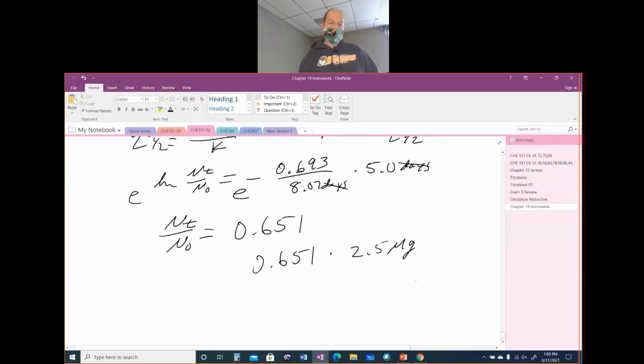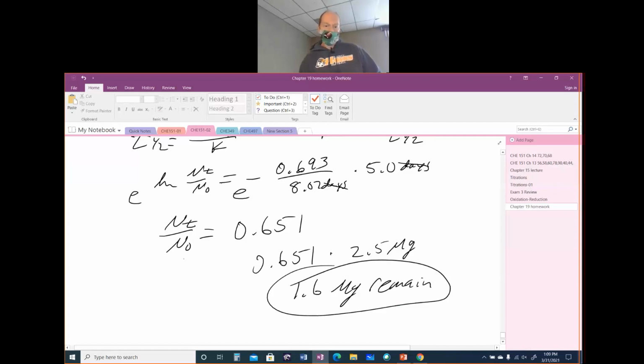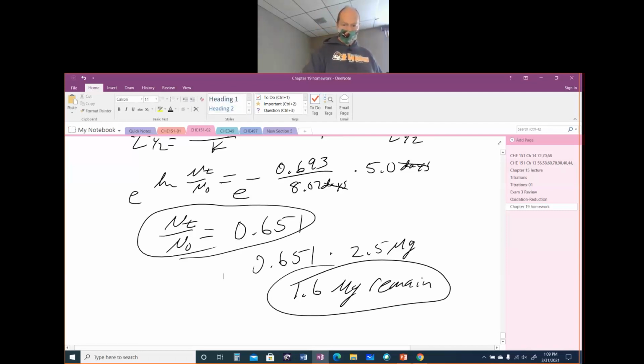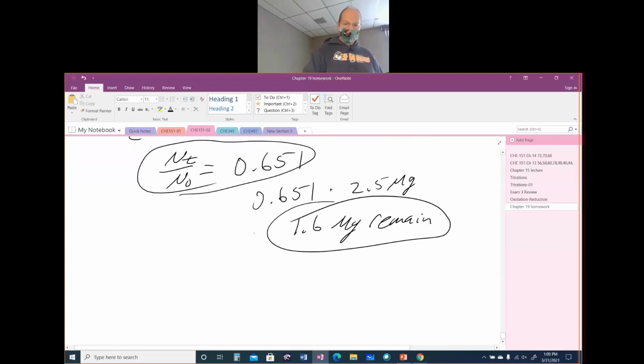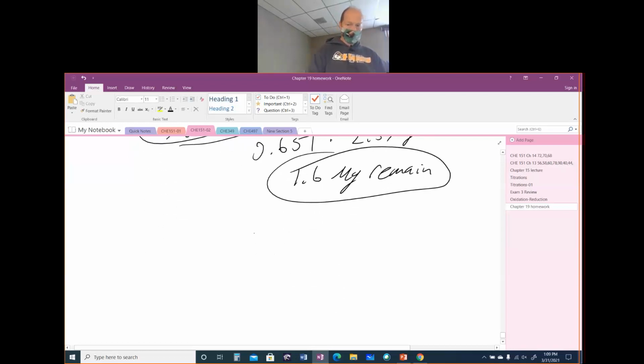So you have 65.1% of that left, which is 1.6 micrograms. There is your fraction remaining, and the amount remaining is 1.6 micrograms.